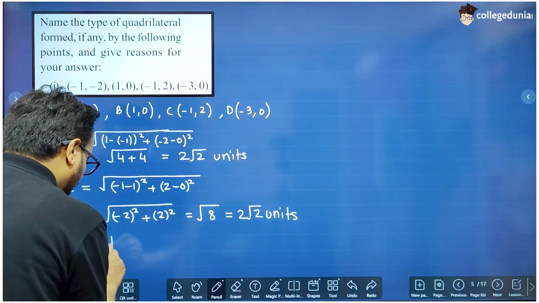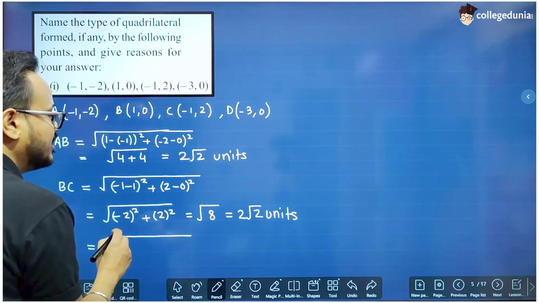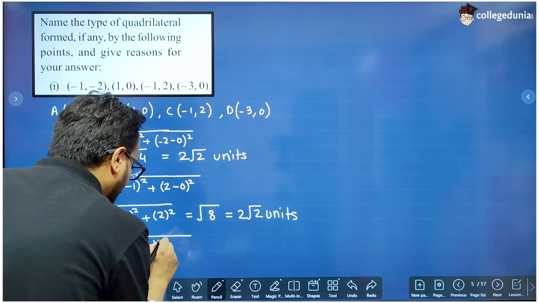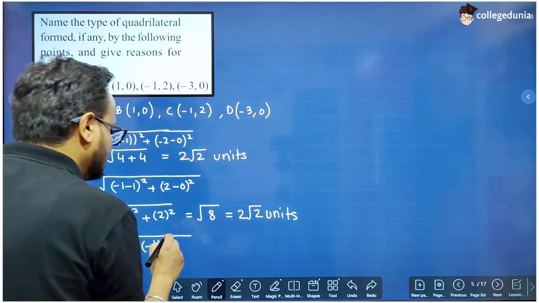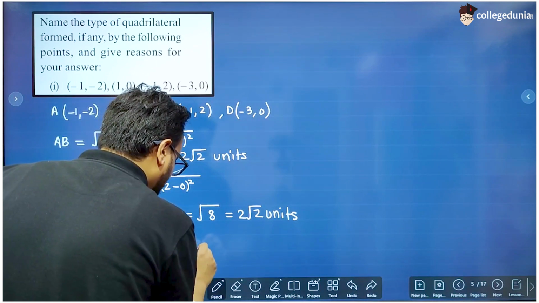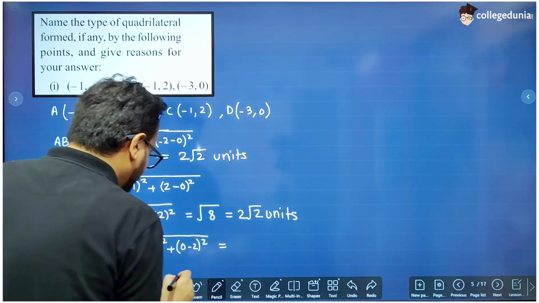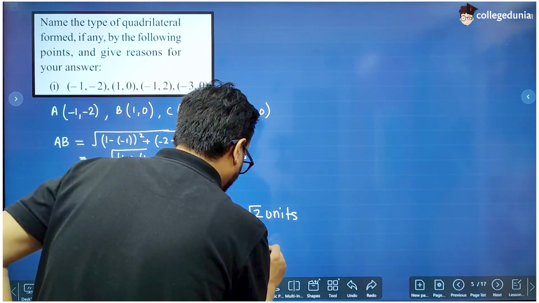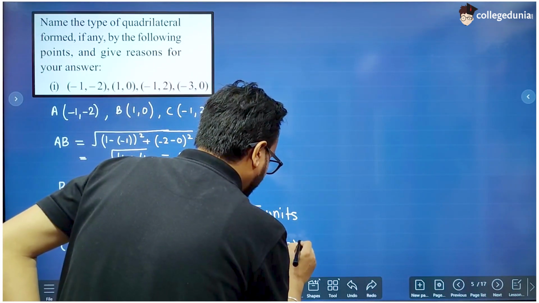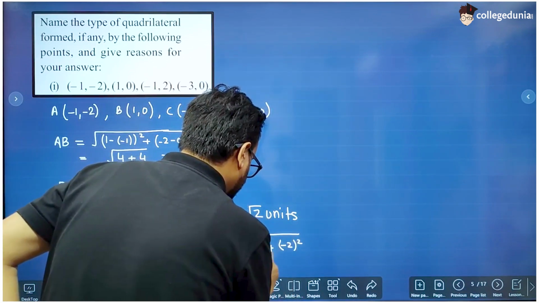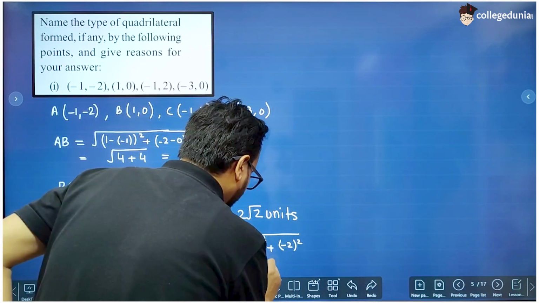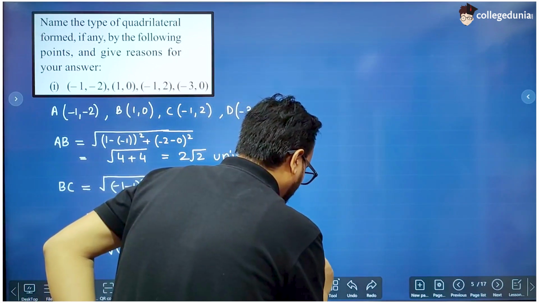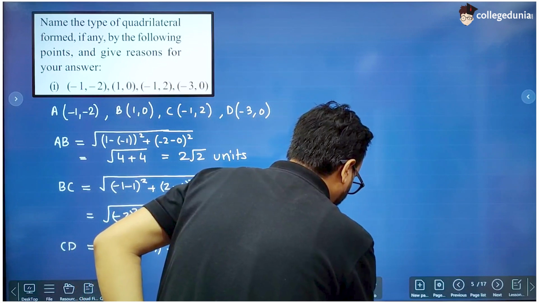CD is under root -3 minus -1 square plus 0 minus -2 square, which is -3 plus 1, that is -2 square plus -2 square. So 4 plus 4, again 8, which is 2√2 units.